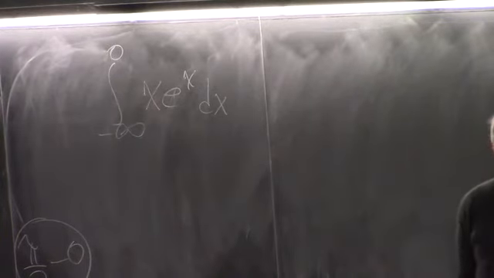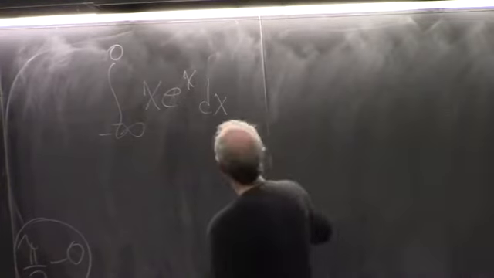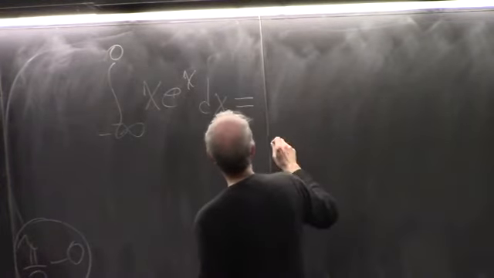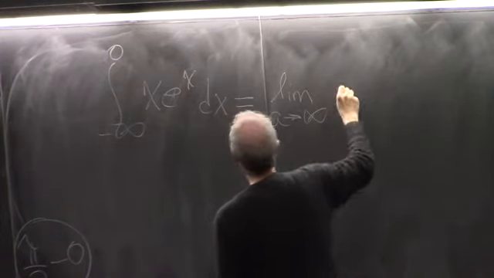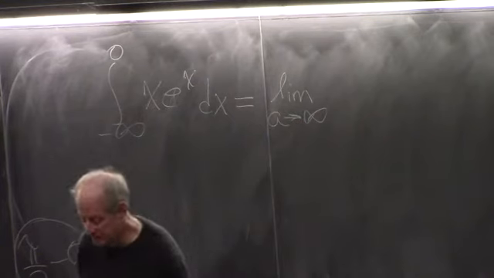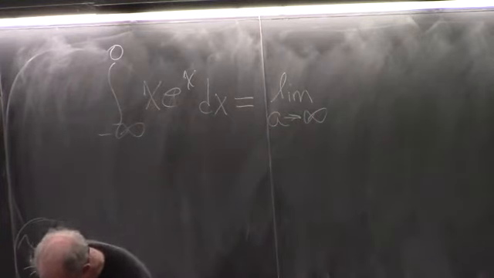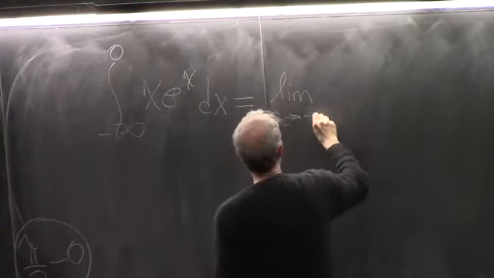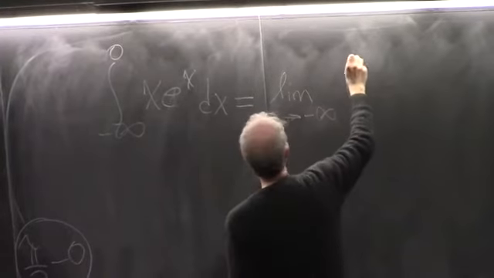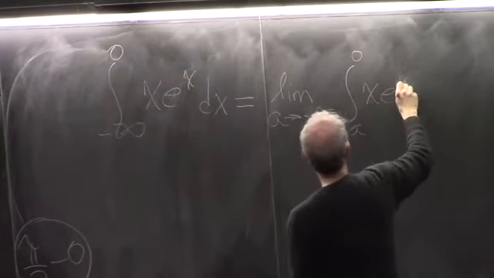No. No? Yes? We get some no's on the left, we got some yeses on the right. Some maybes in the middle. Well, let's see. First, let's just set this up. I will use A this time. Should we do minus infinity or infinity? Let's see. We'll do minus infinity. From A to 0, x e to the x dx.